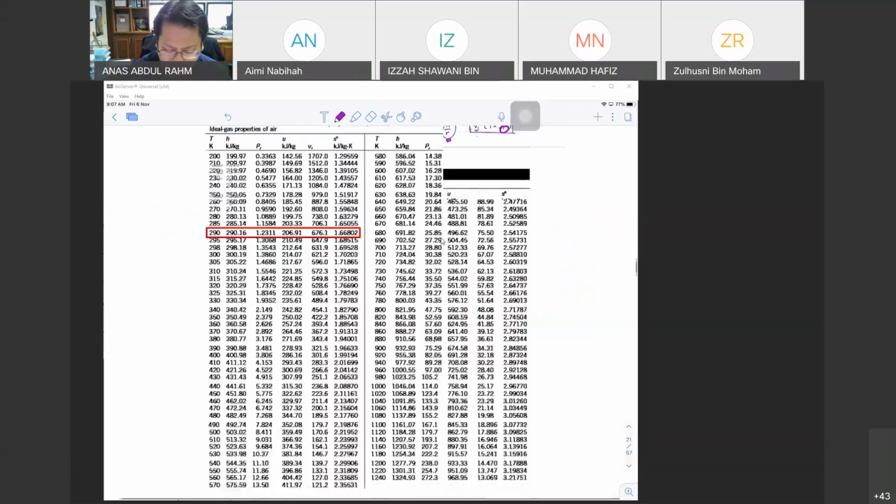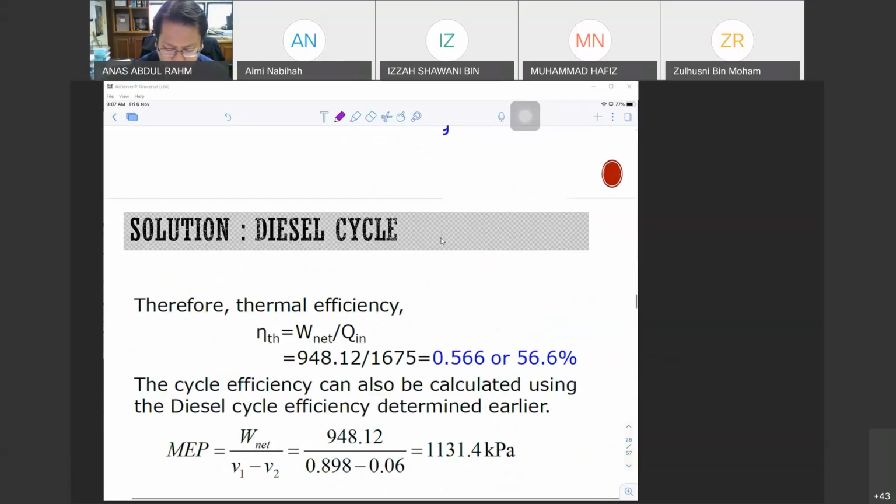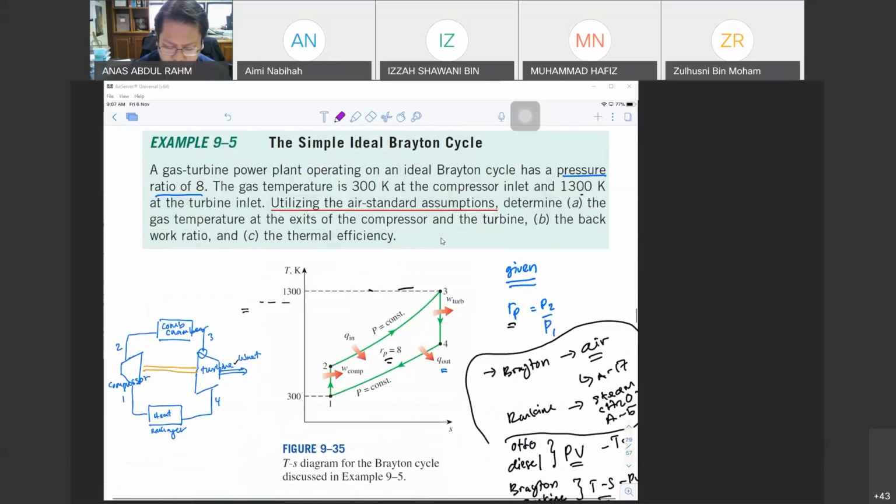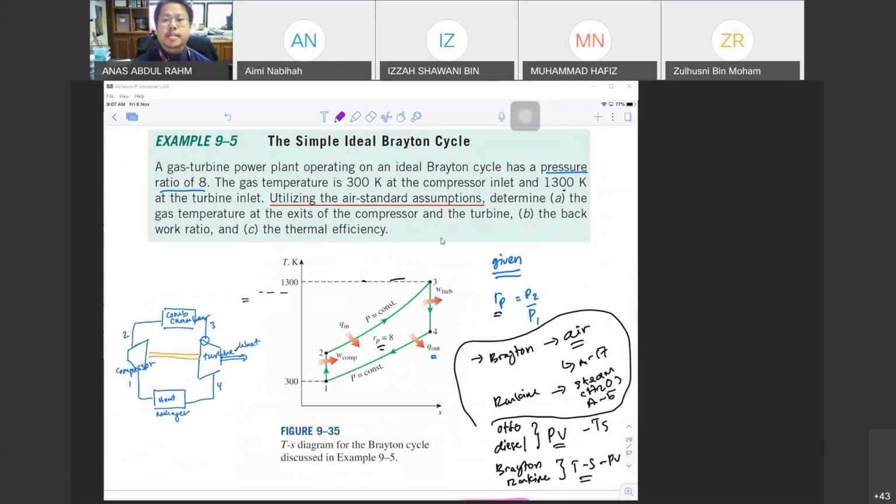Okay, so let's now move to the Brayton cycle. Take a few seconds to read this question. A gas turbine power plant operating on an ideal Brayton cycle. The keyword here is ideal Brayton cycle, so you need to know the cycle that you are dealing with.